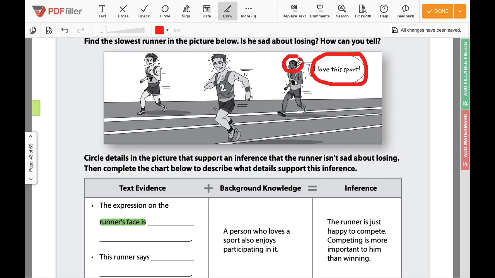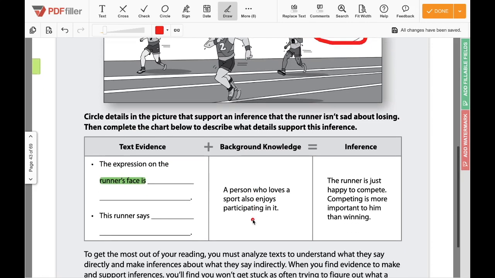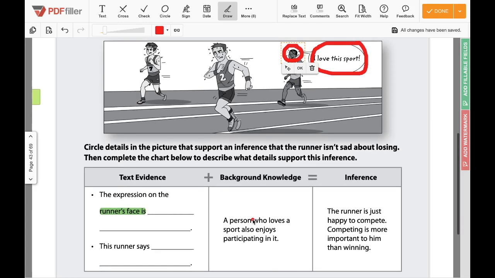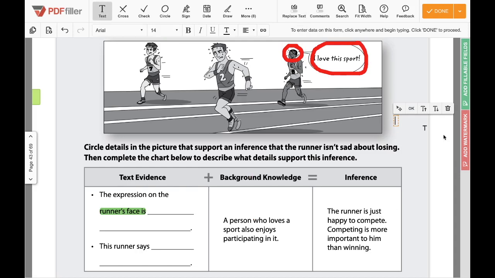And then we said he's smiling. That doesn't seem very sad either. So circle details in the picture that support an inference that the runner is sad about losing. We've done that. Then complete the chart below to describe what details support this inference. So if we look down here, it says the expression on the runner's face is, is it happy or sad? Happy.